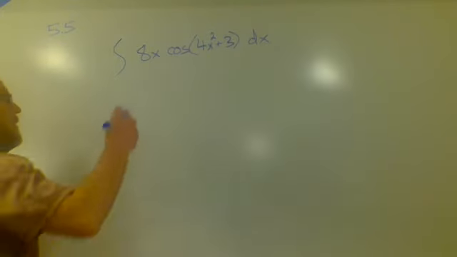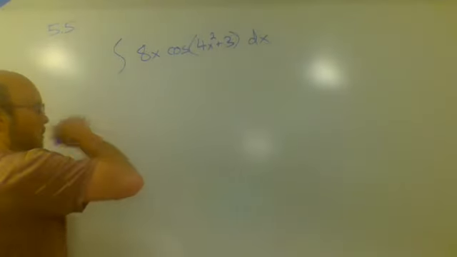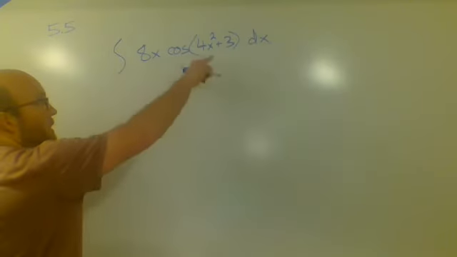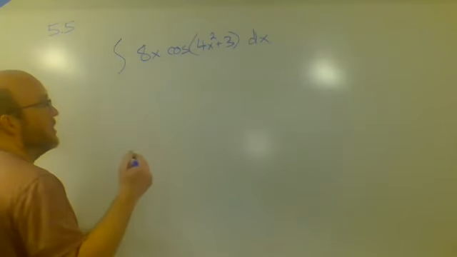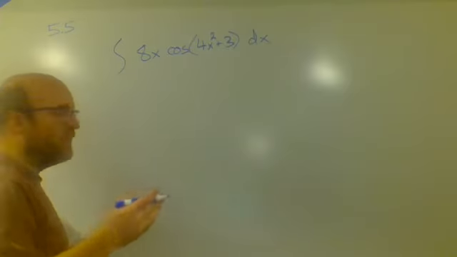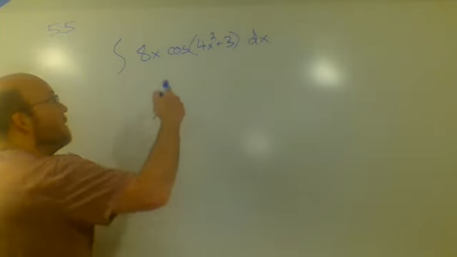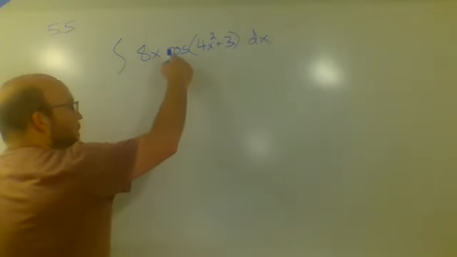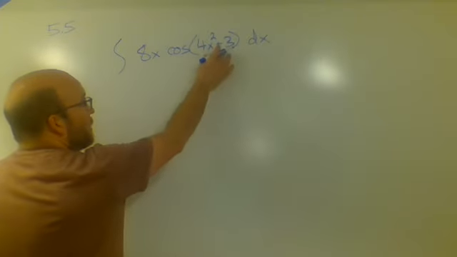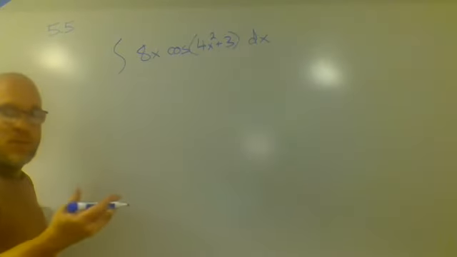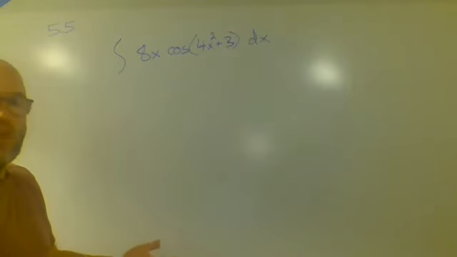And so as soon as we see that it's too complicated, we come through here and pick out what is the inner function. And as long as you're comfortable with the chain rule, it's the same idea as always. So I'm going to be a little bit silly and say, well, you can choose between the 8x, the cosine, or the 4x squared plus 3. But if you're choosing the inner function, it's whatever function is inside of another one.